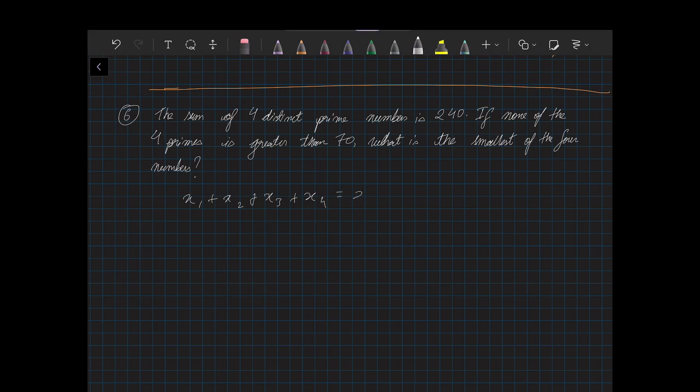x1 + x2 + x3 + x4 equals 240, where x1, x2, x3 and x4 are prime numbers.